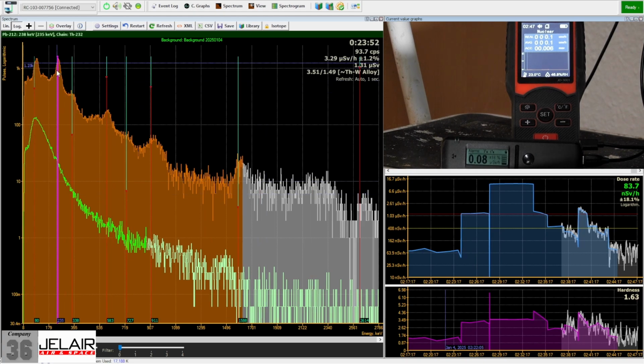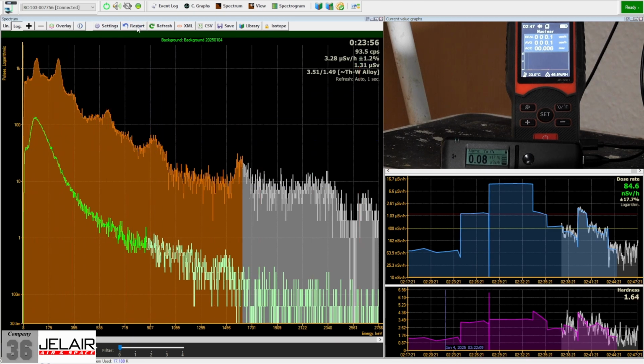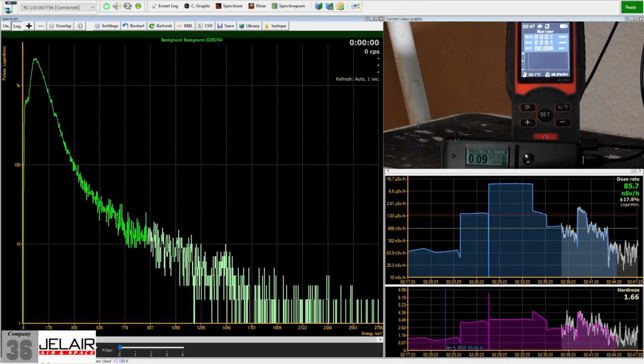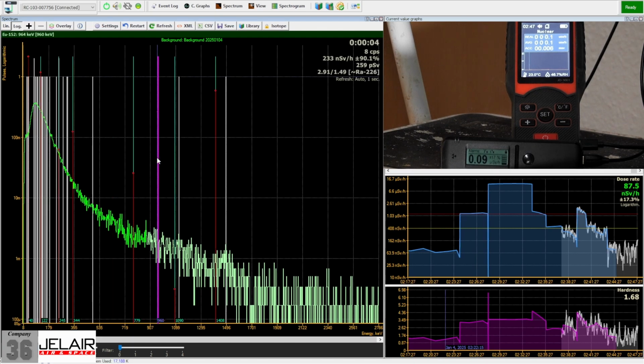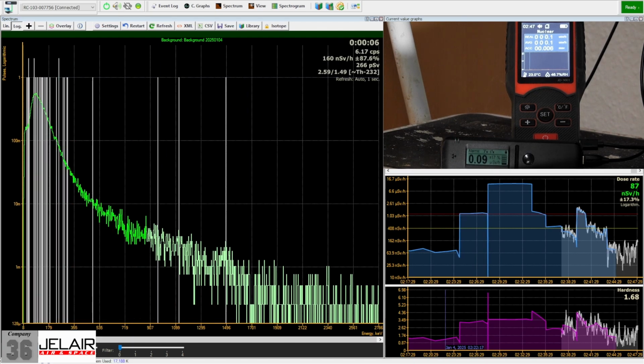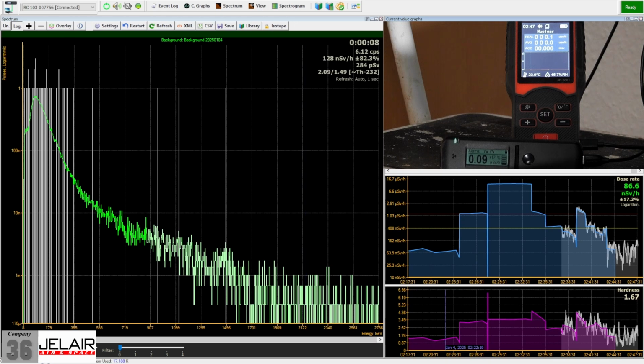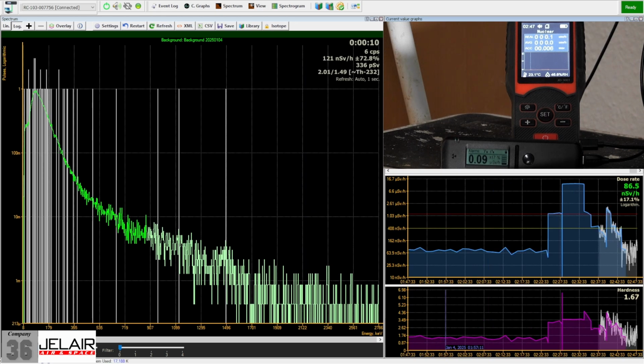And again the peak lines align with Thorium-232. And now I restarted it once again, so if I left it running now for 6 or 7 hours, we would be building the same graph as the green line.